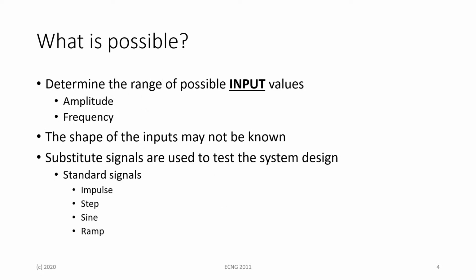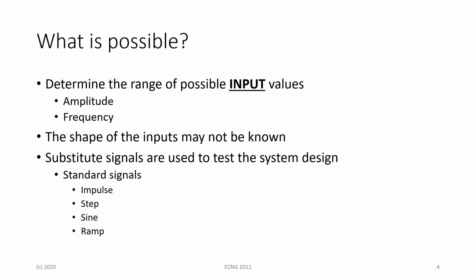In dealing with signals and systems, we need to ask what could possibly be done from what is known, and what can actually be done in cases where we have unknown conditions. Before we start designing our system, we can have an idea of what our input signals are going to be beforehand.